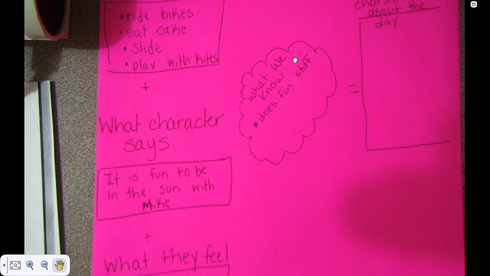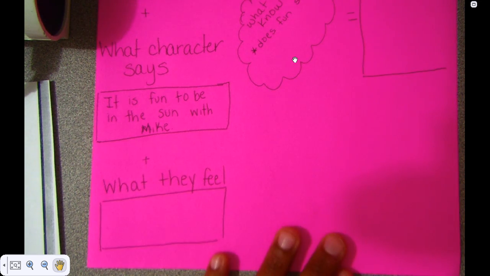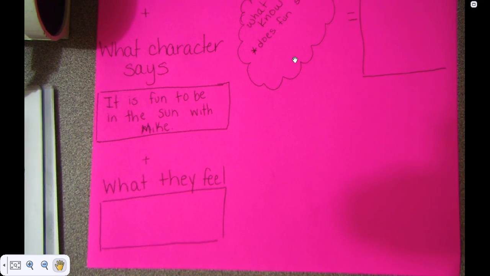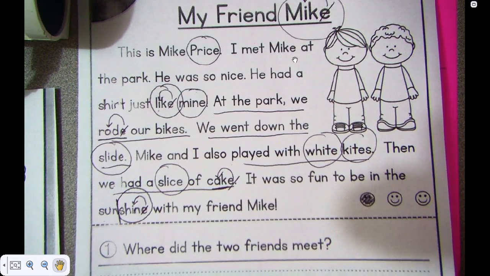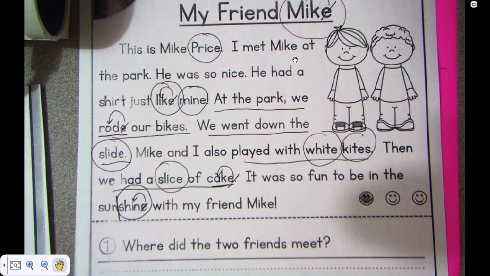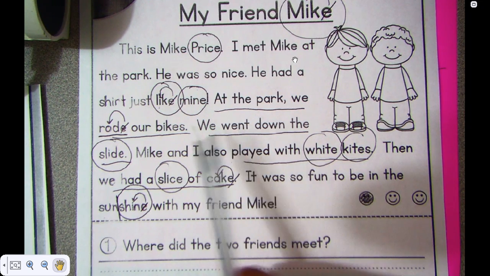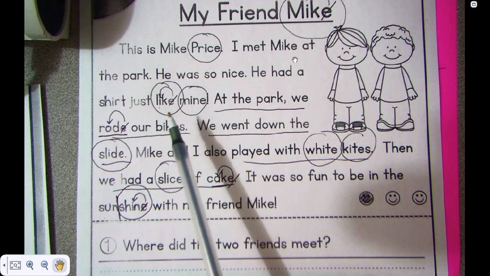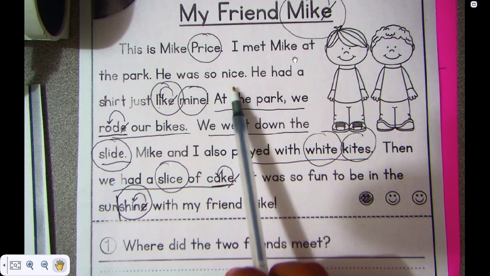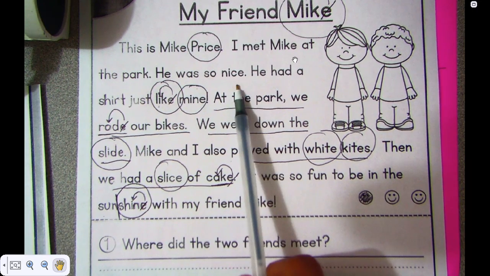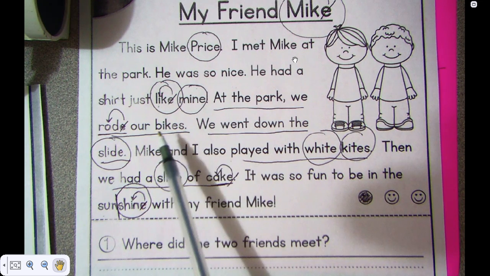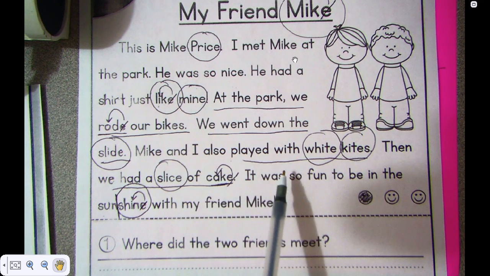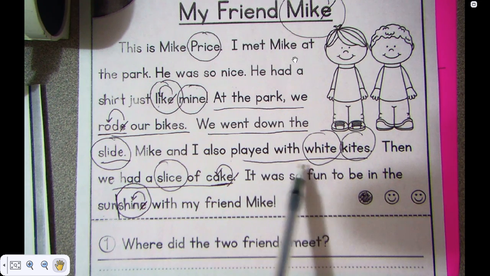And then the last one asks me, well, what does that character feel? Well, they don't really give me much about feelings. He tells me he meets Mike. Oh, this is something else, though. He says he was nice. So that's something I can add to what he says. But it talks about here what they do. And it just says that he says it was fun.